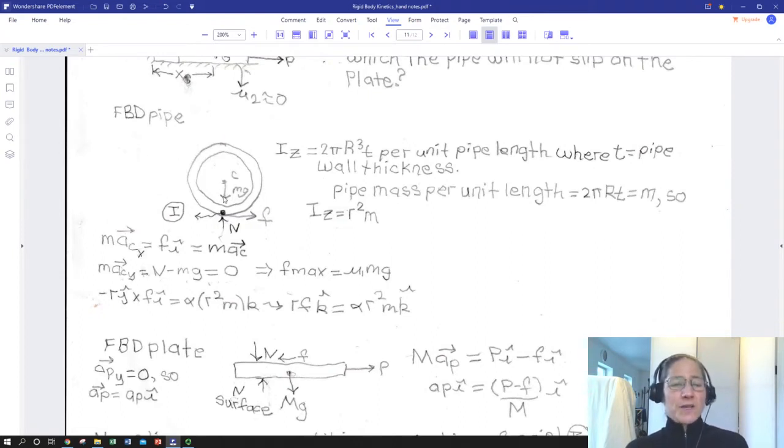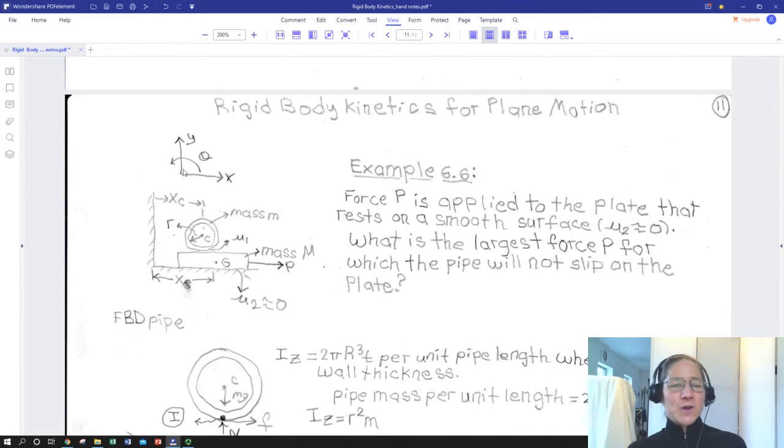So we've got our FBD of the pipe. We've got the weight pulling down, which we can apply at the center of mass. We have the normal force pushing upward, and we have frictional force going in the right-hand direction in this case. We're going to call that the positive x direction. Here's my coordinate system.